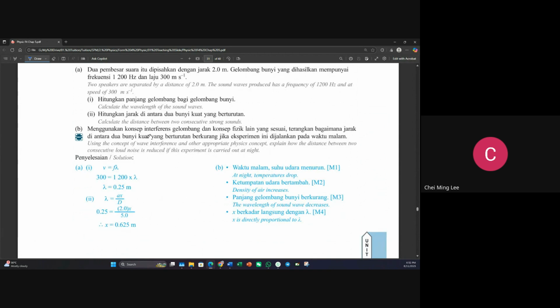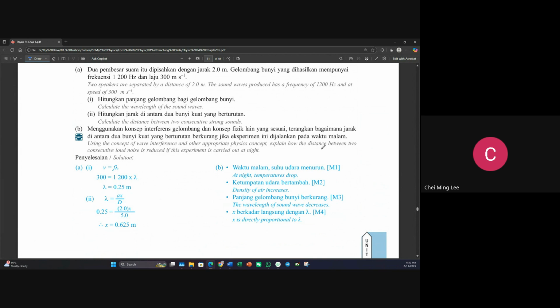Using the concept of wave interference and other appropriate physics concepts, explain how the distance between two consecutive loud noises is reduced if the experiment is carried out at night. At night it is cooler, so the temperature drops and the density of the air will increase.